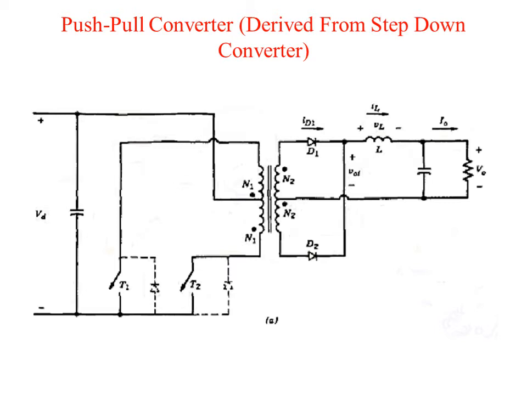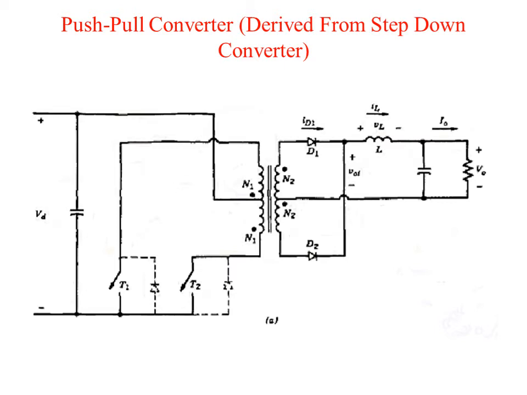In the figure, when T1 is on, D1 conducts and D2 gets reverse biased. This results in V0I equal to N2 divided by N1 times Vd.